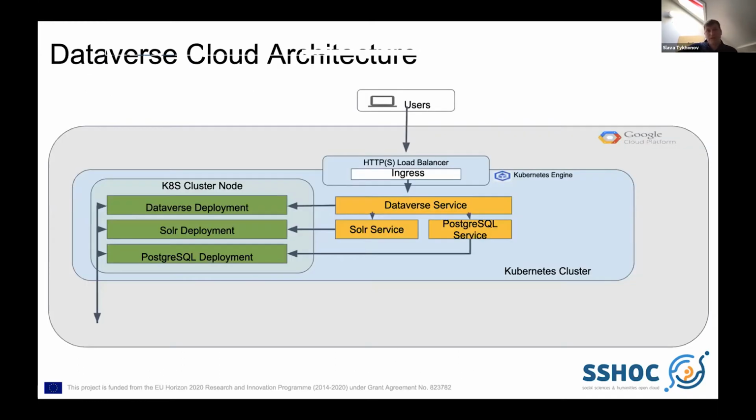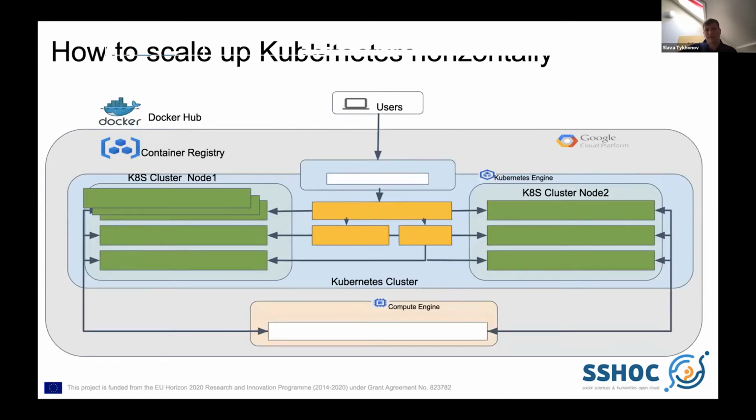So this is the cloud architecture of Dataverse. When we started to work on the SESDA Dataverse, the first thing we did was split the components. Now Dataverse has a Dataverse image, and Solr and Postgres images. Everything is deployed in a Kubernetes cluster, and it can be scaled, both horizontally and vertically.